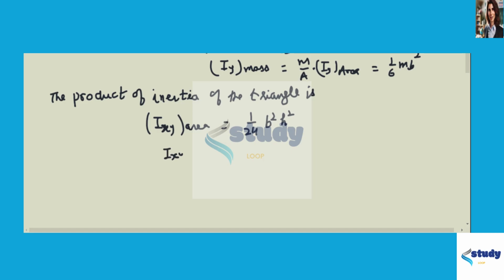Ixy by mass is M upon A times Ixy by area. So it will be 1 by 12 m b h. Along the z-axis, Iyz by mass is 0.